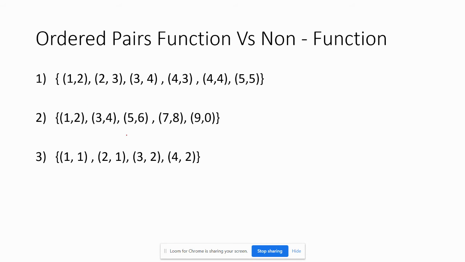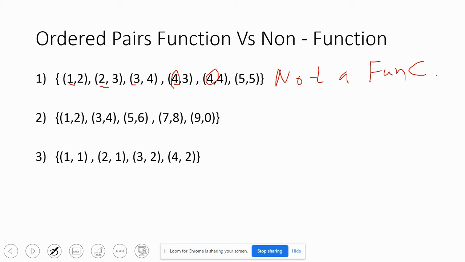So let's see, which one of these ordered pairs is not a function? You look for repeated values in the x. 1, 2, 3, 4, and another 4. So there's a repeat, not a function. I'm going to write FUNC for short for function.